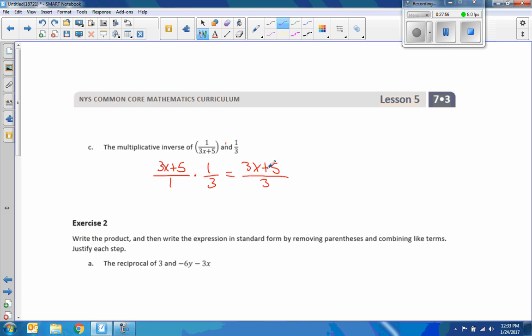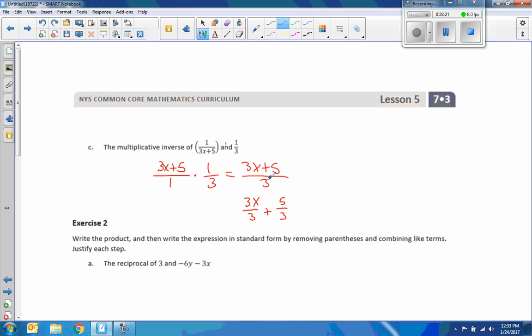Okay, now, since this is 2 terms, and this is 1 term in the denominator, I can split those up. I can show this another way after, but what I can do now is say, okay, 3x plus 5 over 3 is the same as saying 3x over 3 plus 5 over 3.